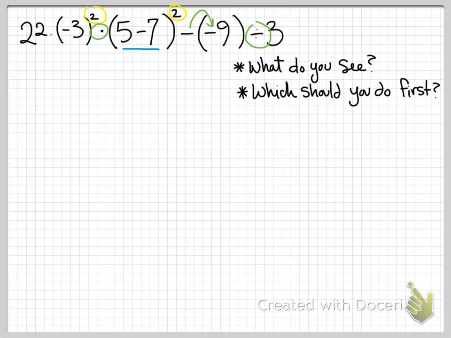Okay, here we go. So 5 minus 7 is -2, so we'll leave everything the same, but change that to a -2.